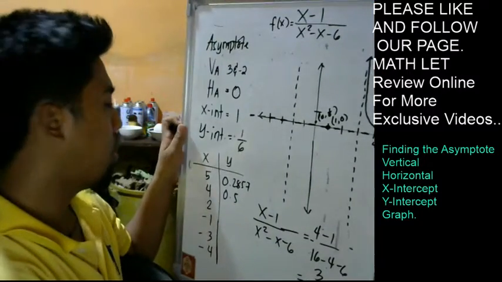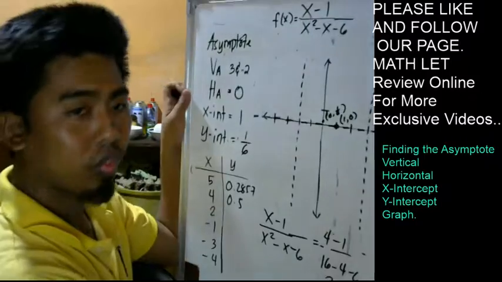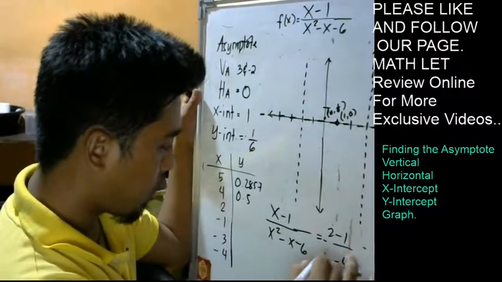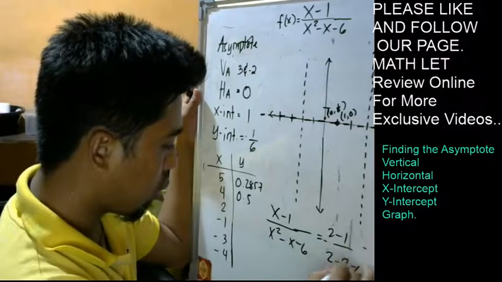Okay? So next is 2. For 2, we substitute: 2, then 2 squared is 4, then 2.